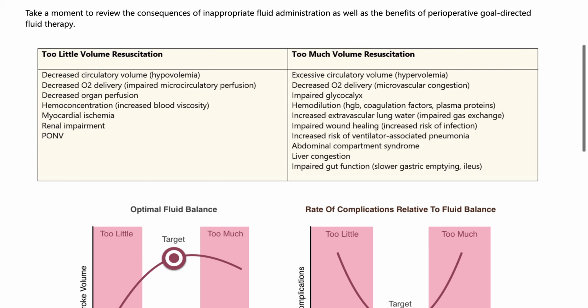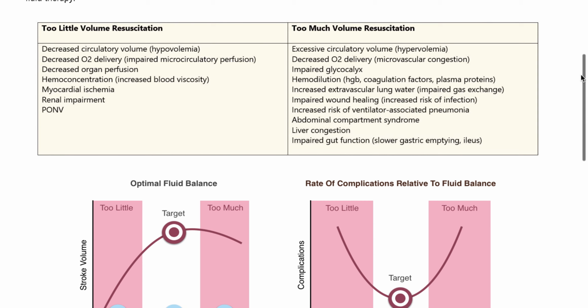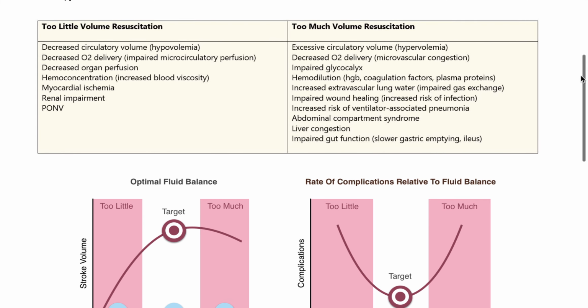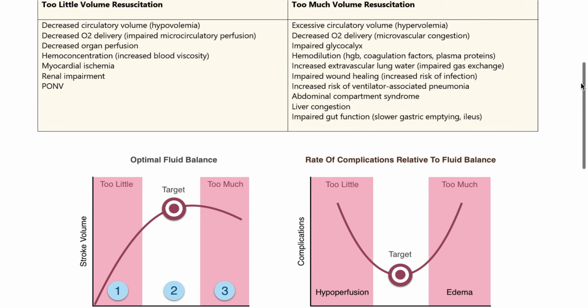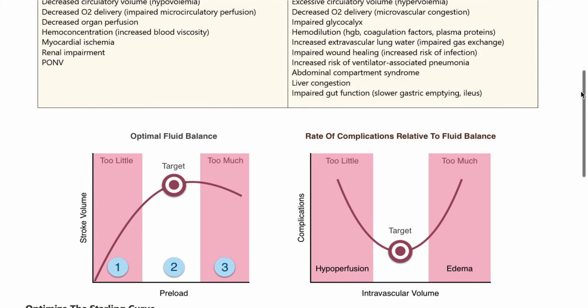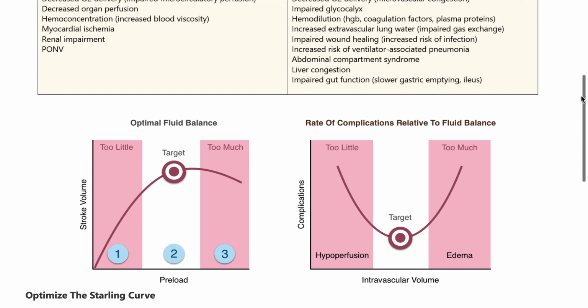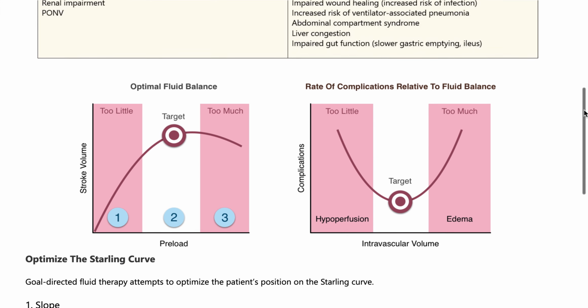Too much volume resuscitation includes excessive circulatory volume, this is hypervolemia, decreased oxygen delivery, this is from microvascular congestion, impaired glycocalyx, hemodilution, so hemoglobin, coagulation factors, and plasma proteins are all diluted, increased extravascular lung water, so this is impaired gas exchange, impaired wound healing, this increases the risk of infection, increased risk of ventilator-associated pneumonia, abdominal compartment syndrome, liver congestion, impaired gut function, so slower gastric emptying and ileus are byproducts of impaired gut functioning.